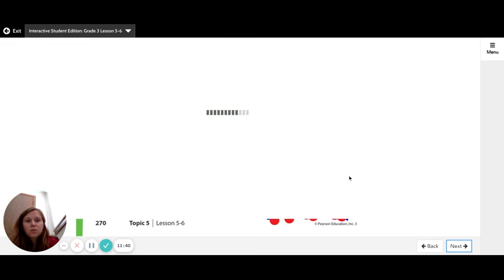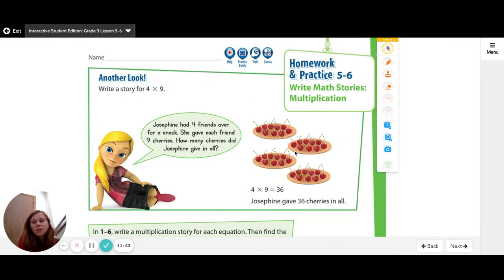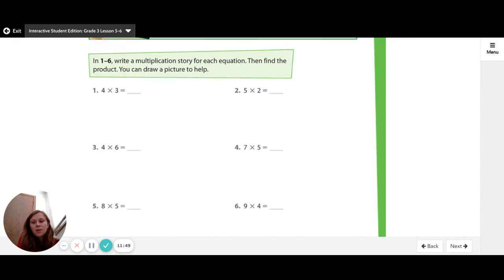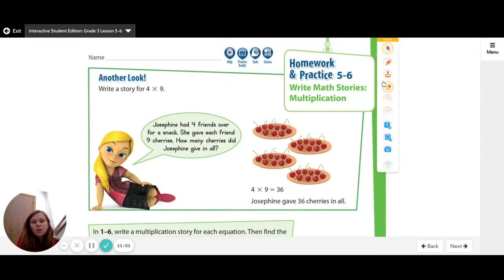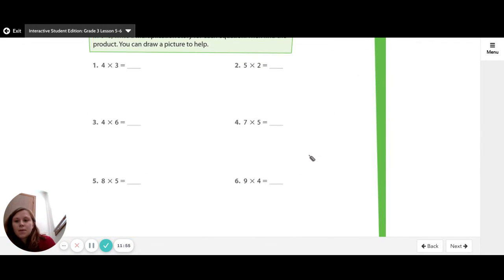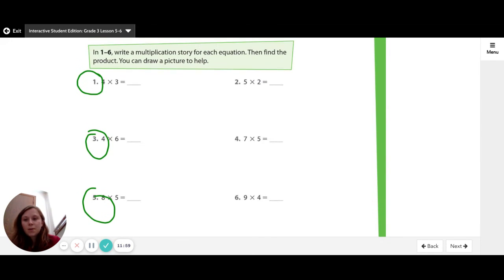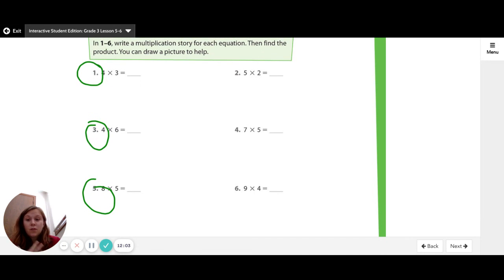Now it's your turn to try by yourself. At the top of the homework and practice, they just gave us an example of a word problem for 4 times 9. I'm going to have you do numbers 1, 3, and 5 on this page. We're going to write a multiplication story and then find the product, and you can draw a picture if you need help.